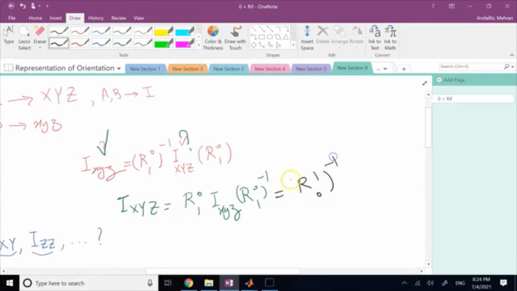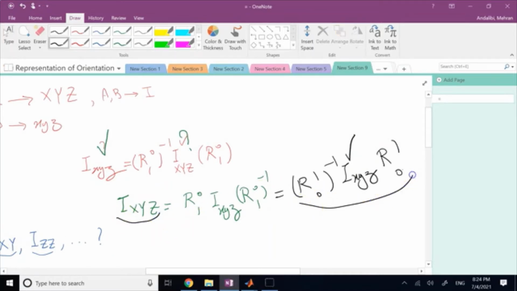R01 inverse times I small xyz times R01. Right? So if I know this guy through integrations, and if I ask you to give it to me in another frame, like the inertial frame, you can easily do it.